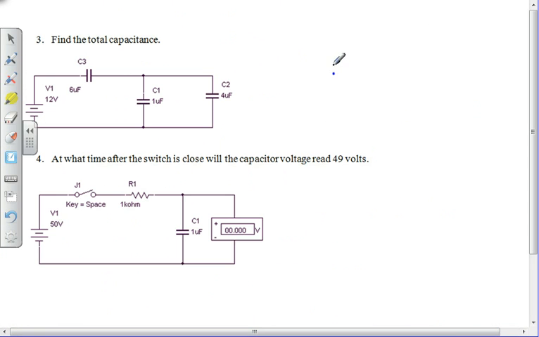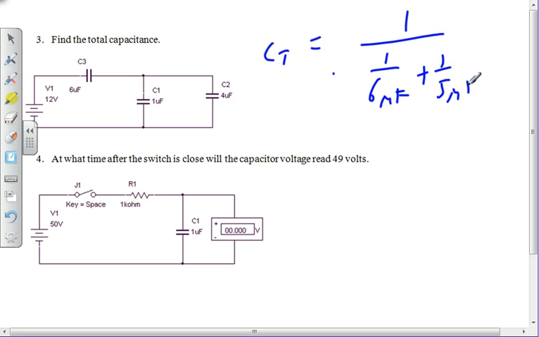Number 3, total capacitance. All right, these guys are in parallel, so that's going to be a 5. And so 5 in series with 6, so total capacitance is 1 over 6 microfarad plus 1 over 5 microfarad, which is some number around a little bigger than 2.5 probably. 1 over (1/6 plus 1/5) equals 1 over 2.7, so 2.7 microfarads.